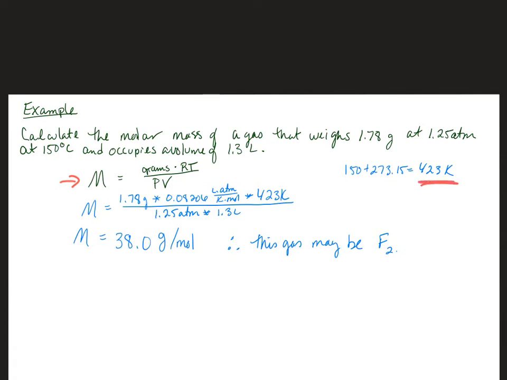So we do that at 1.78 times our R value times temperature over pressure times volume will give us the molar mass. Since that's 38, it may very well be fluorine. Because each of these has a molar mass of 19.0 grams per mole, and there's 2 of them, so it may very well be that formula, F2.